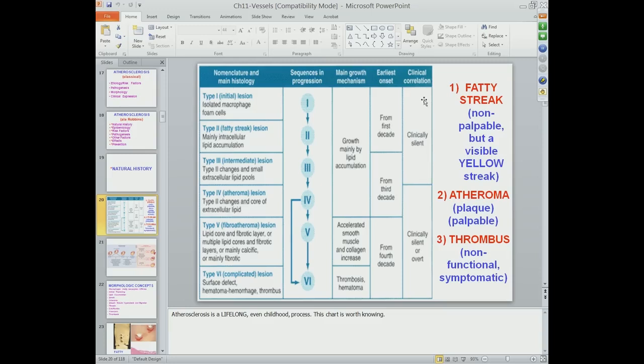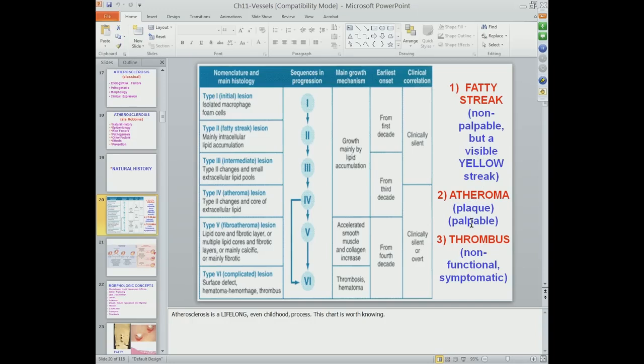Now, it's clinically silent up until the point at which there's an actual anatomic bump. At that point, that bump can result in blockage or stenosis. It could result in thrombosis, and that's when they become clinically overt. Now, you want to make it real simple? The earliest thing is the fatty streak due to deposition of cholesterol through the endothelial cells into the intima.